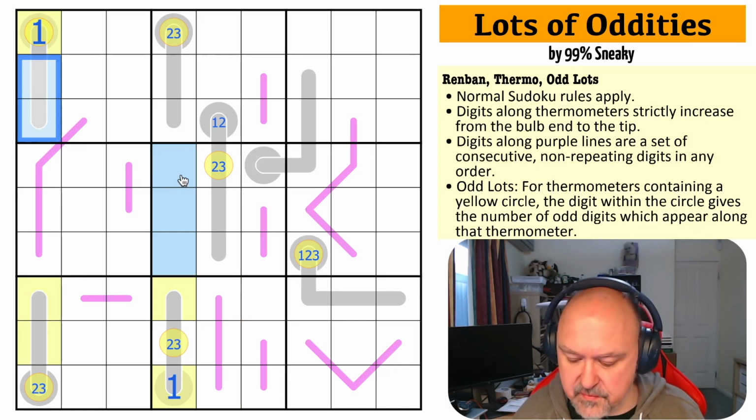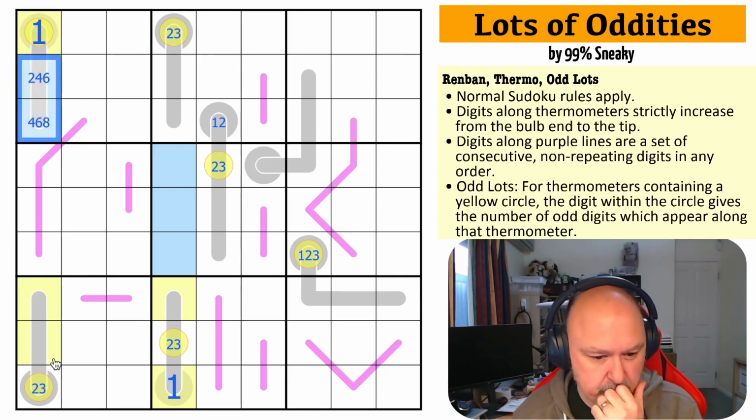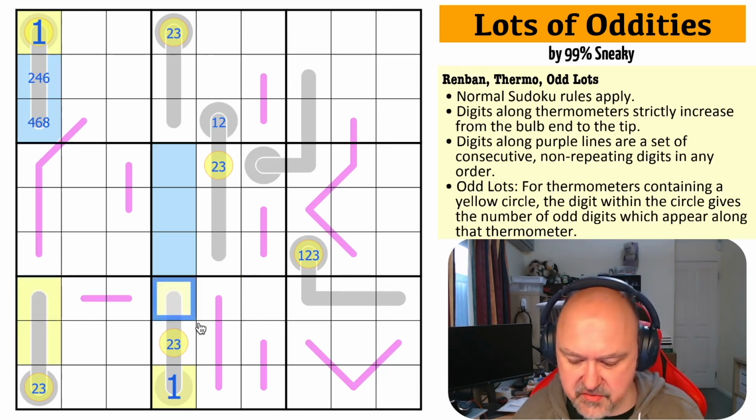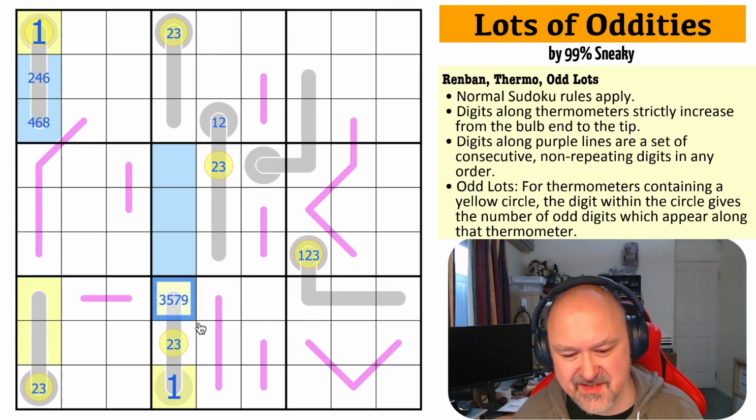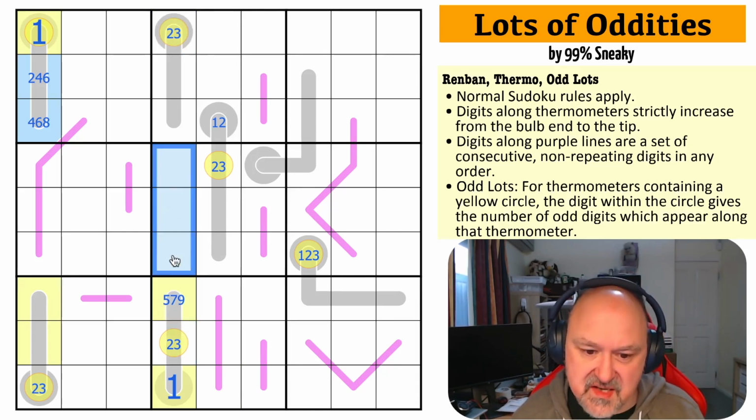So they are from 2, 4, 6, and 8. That one can't be the 2, that one can't be the 8. This is odd, and it's higher than 2. So it's 3, 5, 7, or... That's not really helpful, is it? No, it's not a 3. This is from 5, 7, or 9, because there's a 2, 3 pair here. So this is actually 4, 6, 8.